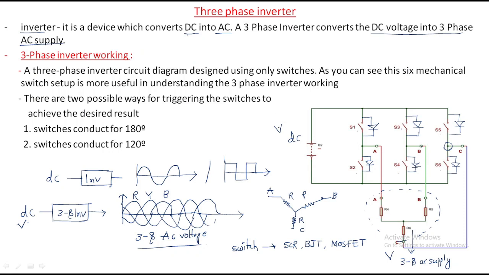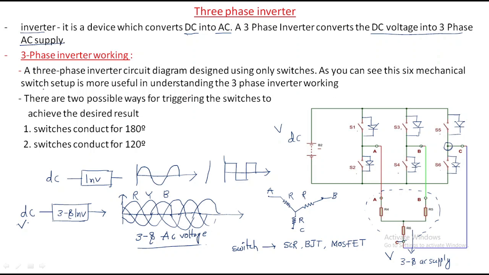In order to convert this DC voltage into three-phase AC voltage, we have to arrange the six switches S1 to S6, and across each line we take an individual load, three loads: 1, 2, 3. By this, the DC supply will be converted into the AC supply.